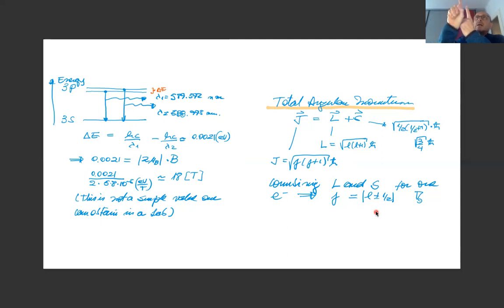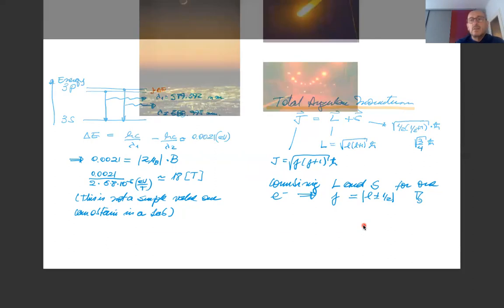If they are aligned, the total J adds half a unit of angular momentum, h bar over 2, or it can subtract h bar over 2 with respect to the orbital angular momentum. So let's say I have an orbit with L equal 1. With L equal 1, I have two possibilities for the total J. The total J could be 3/2 h bar, or it could be 1/2 h bar. So it's 3/2 or 1/2.